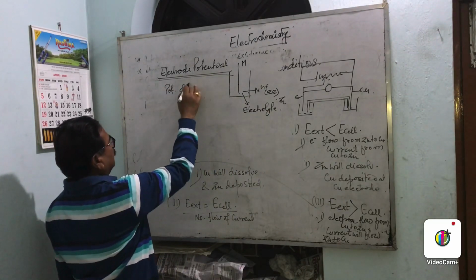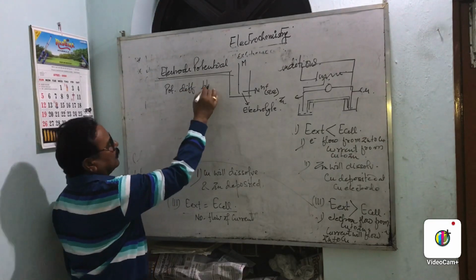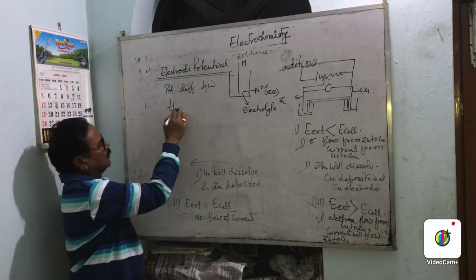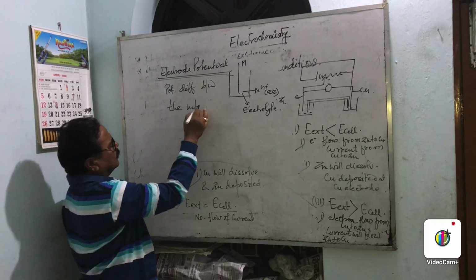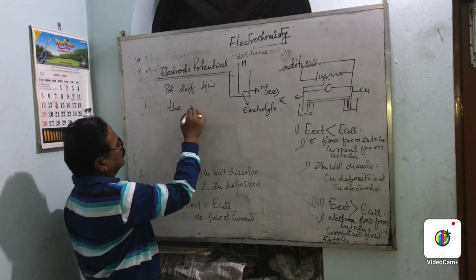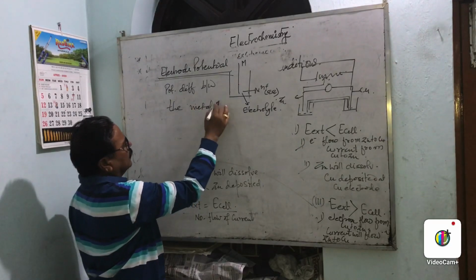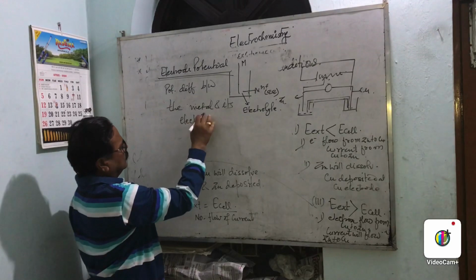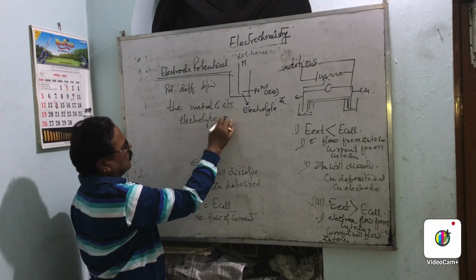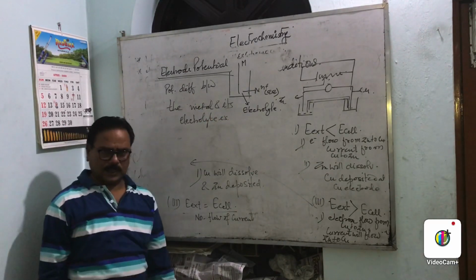Potential difference between the metal and its electrolyte solution is called the electrode potential.